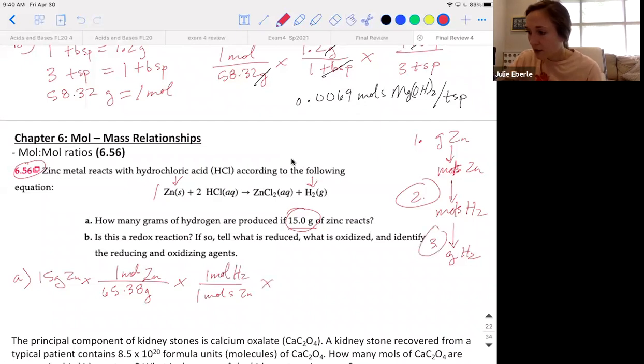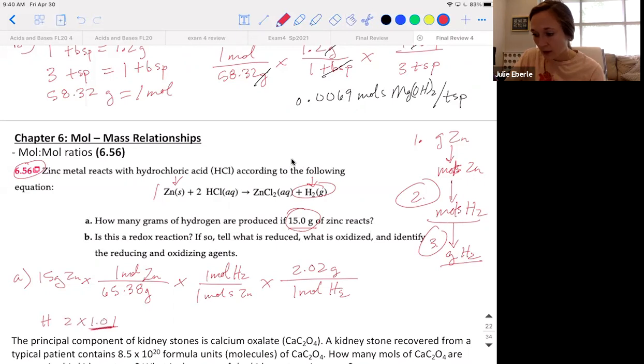Now, my last step was to convert moles of hydrogen to grams, and you always do that with a molar mass. So for H2, remember here it's a diatomic. People will forget this and they'll just plug in 1.01. But for every 1 mole of H2, I have 2 hydrogen atoms, so it's 2.02. All I did there was say, okay, hydrogen, I've got 2 times 1.01. That's the number off the periodic table.